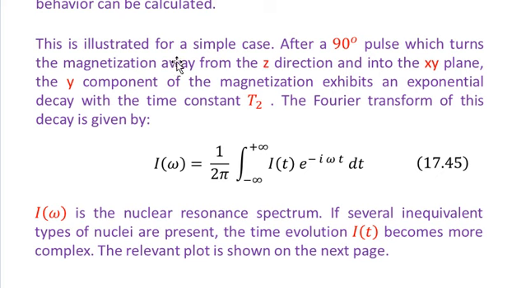This is illustrated for a simple case. After a 90-degree pulse, which turns the magnetization away from the z direction and into the xy plane, the y component of the magnetization exhibits an exponential decay with the time constant T2.